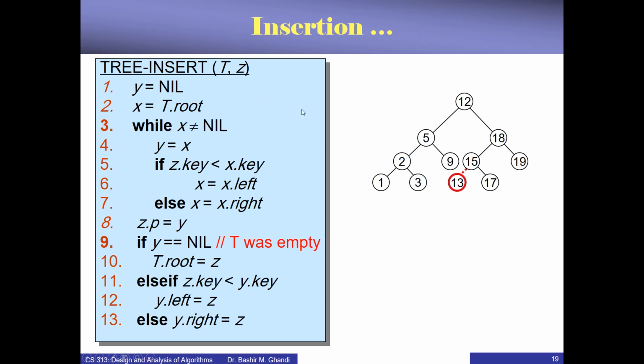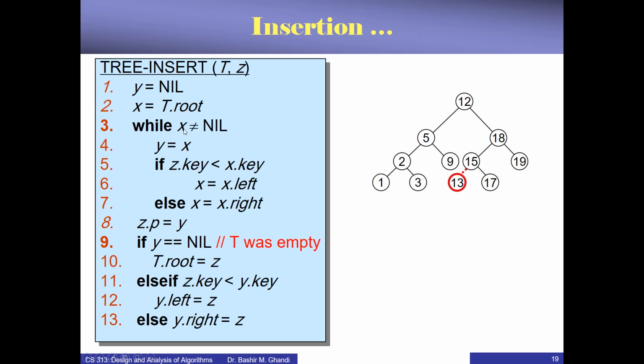So you have to create a node first before you call this algorithm. So Z.key is actually what we want to insert, but we have already created a node and we pass it to this algorithm. Okay, so first we initialize y to nil as we saw in that example, and x to be T.root.